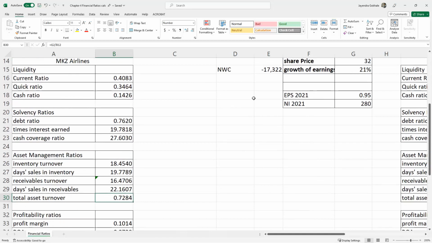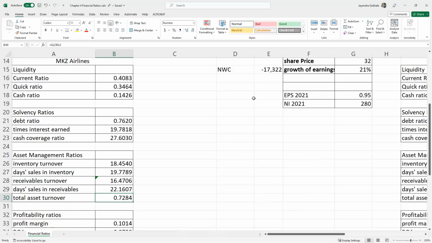So the ratio of those two is 0.7284. And that's the total asset turnover. It may or may not be less than 1 depending on the industry. Capital intensive industries are less than 1, but companies like the software industry, or a firm that is opened in a startup fashion or in a garage, could have a very, very large total asset turnover, particularly if they're making robust sales.